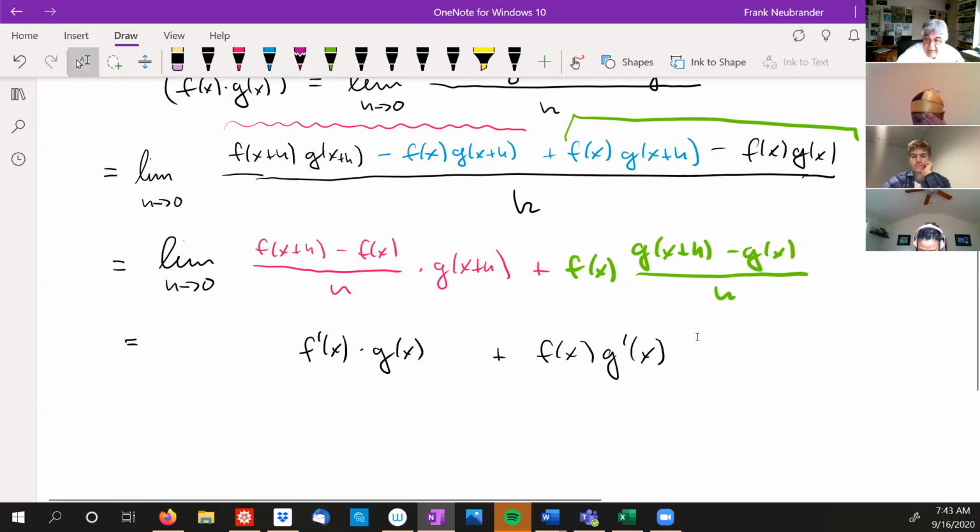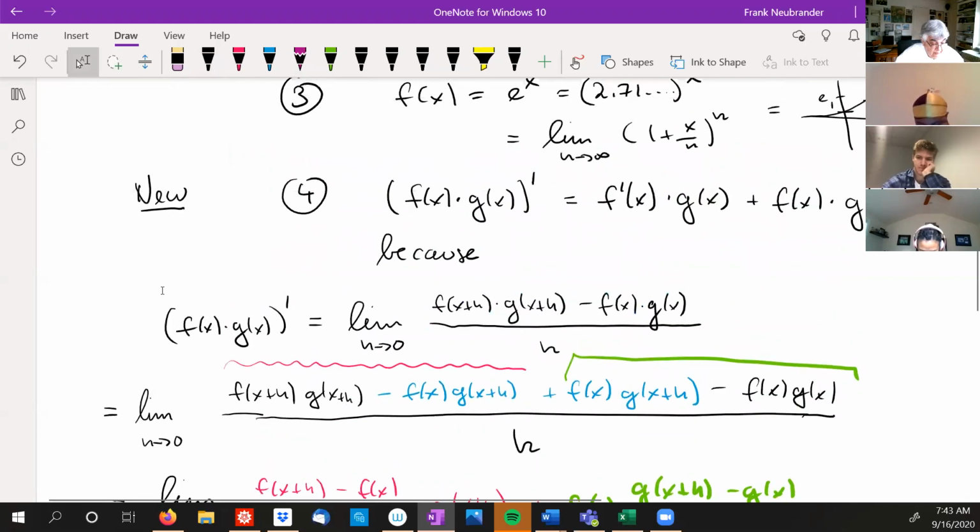Now, no one has to remember this. No one has to know it. What you should remember, the product rule holds. Because if you take a product and plug it into the definition and you do the algebra, then this is what you get out. So the product rule just encapsulates what you would get if you would do the algebra.